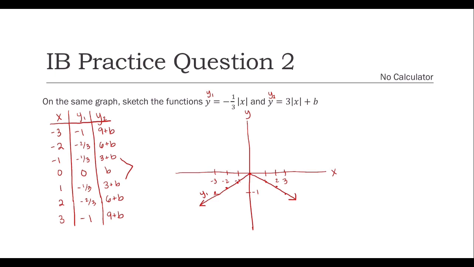And then for our y2, when x is -3, y2 is 9 plus b. So 9 plus some number b. And then we'll have a 6 plus b, 3 plus b, and then some number b here. And we'll have those same things on the other side of our y-axis.